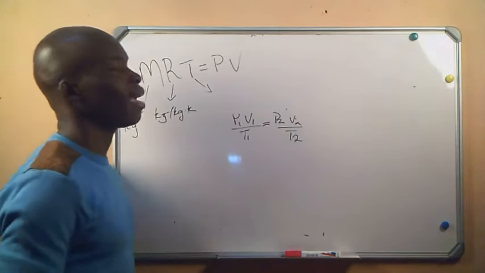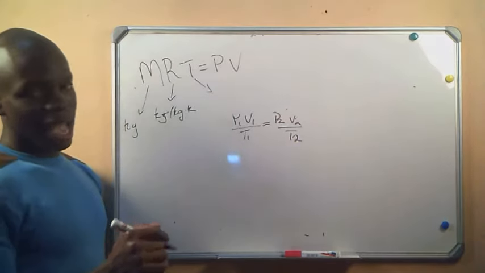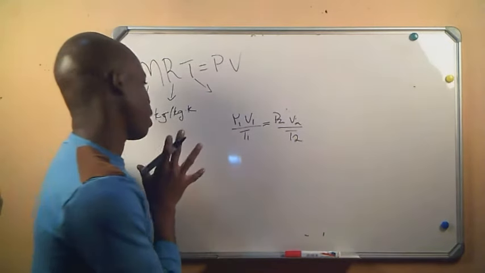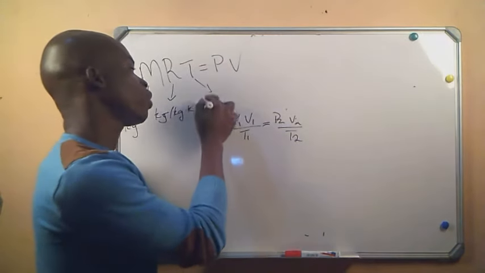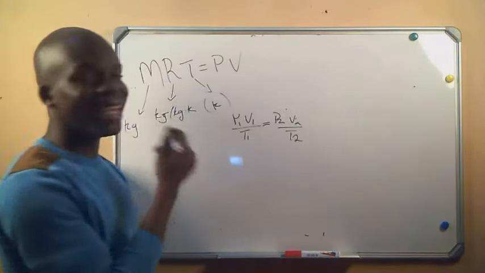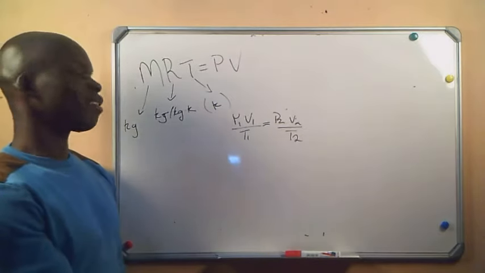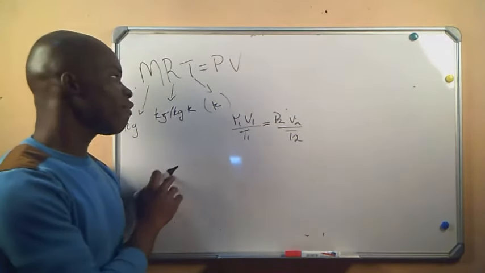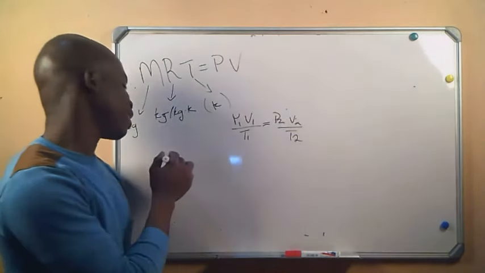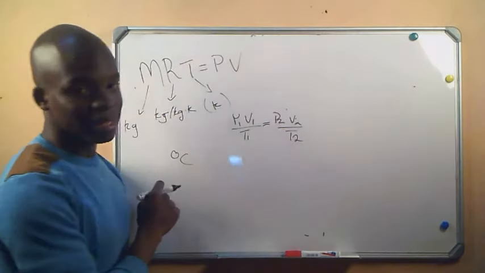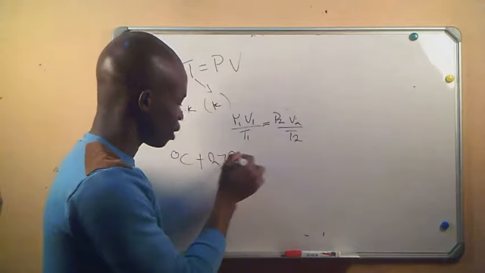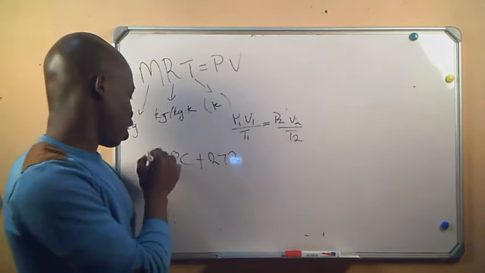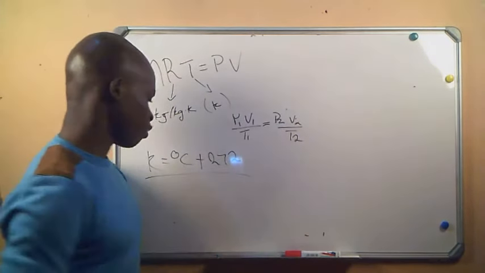Now our T here, every time we are dealing with an ideal gas, we use our T in kelvins. So if you are given a T that is in degrees Celsius, means must be taken to convert that temperature into Kelvin using this formula.